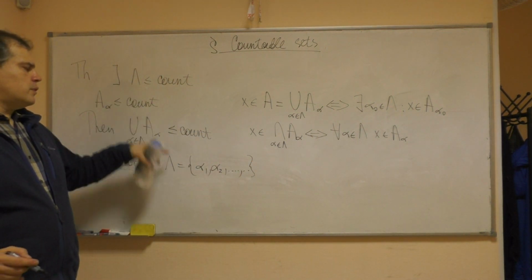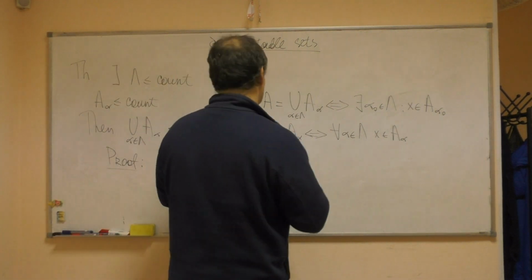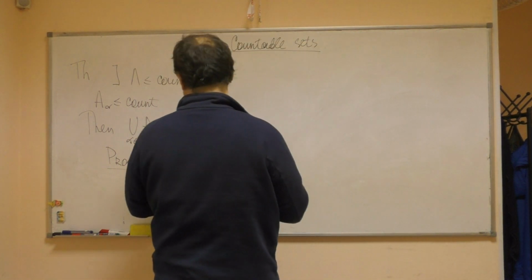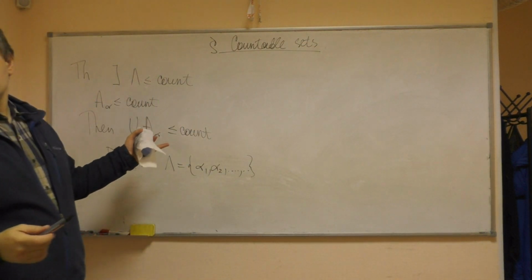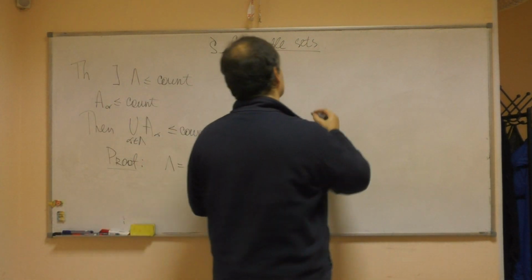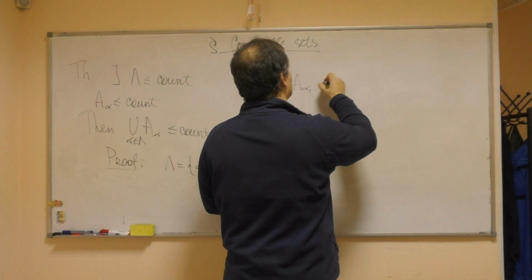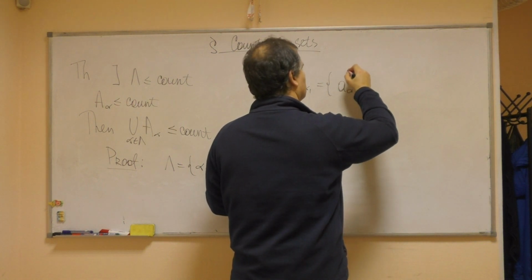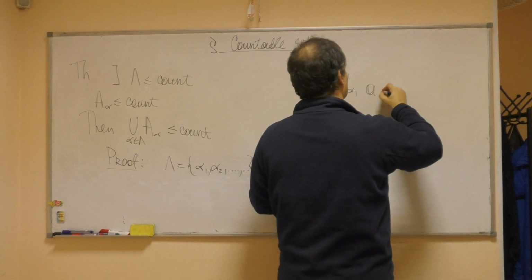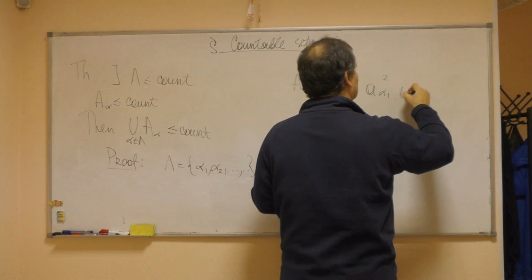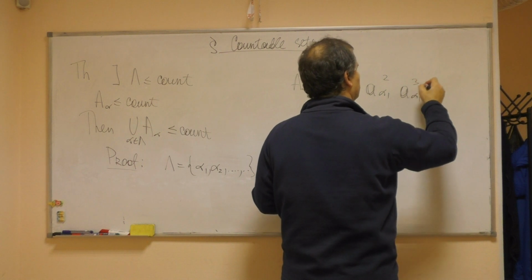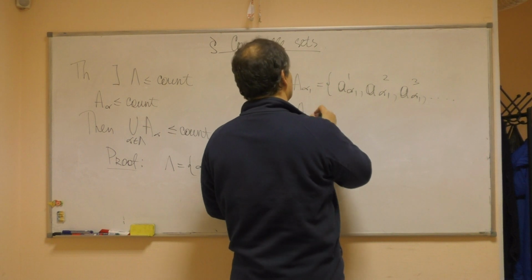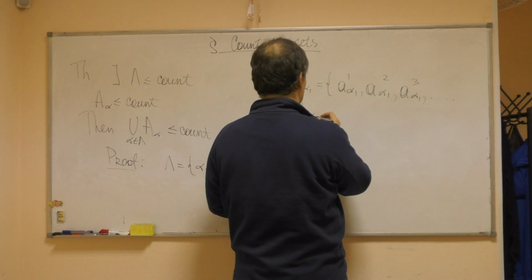Finite if it is a finite set, or infinite if it is countable. And each set also can be represented as a similar sequence. A of 1 is A of 1,1, A of 1,2, A of 1,3, and so on. The same for A of 2.